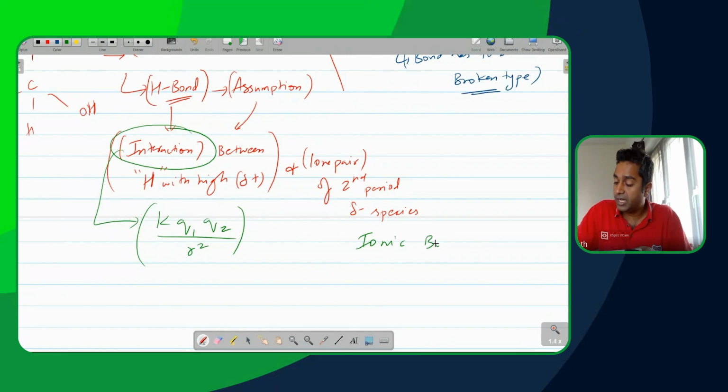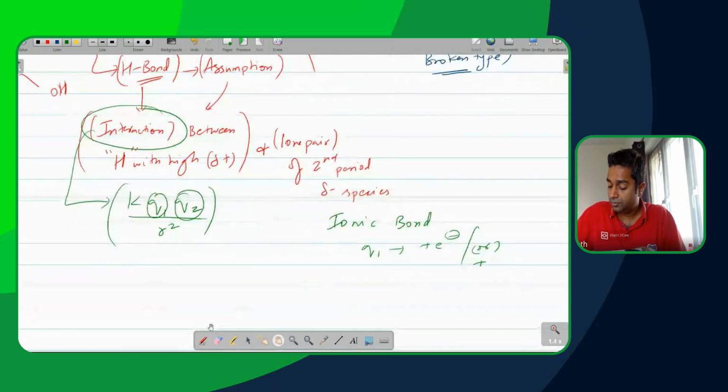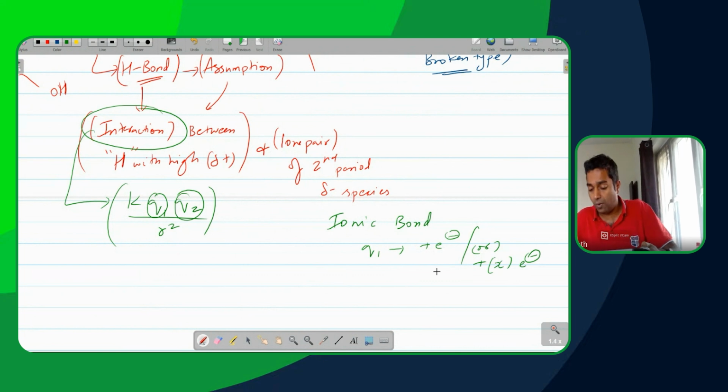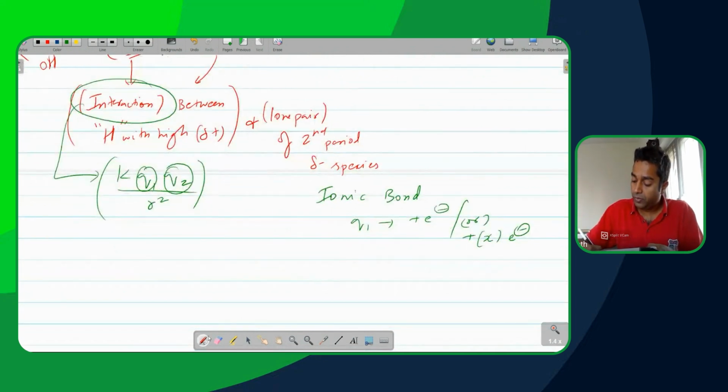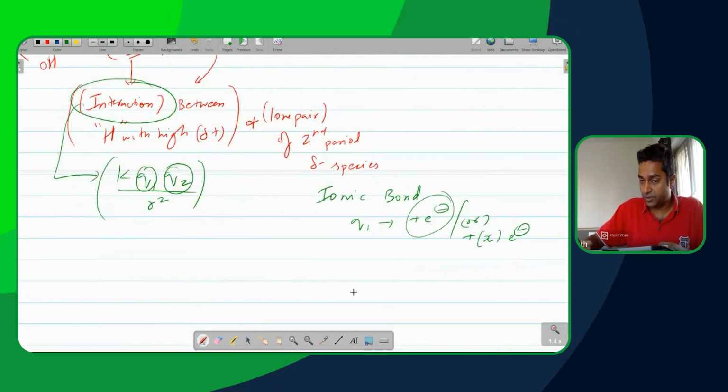If I'm considering an ionic bond, there is going to be Q1 and Q2 having full-blown charges. Q1 can be plus some electron worth of charge, or plus X times the electron charge, like sodium plus, which will be one positive charge. If it is calcium 2 plus, it will be two positive charges.